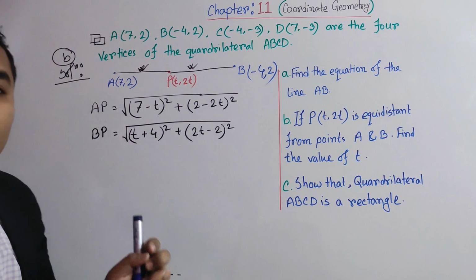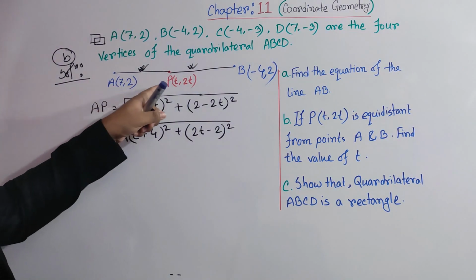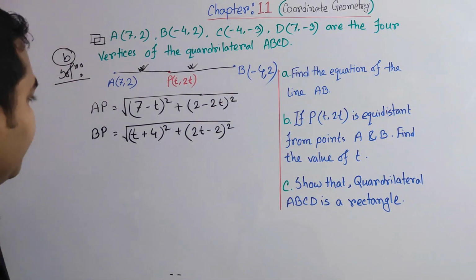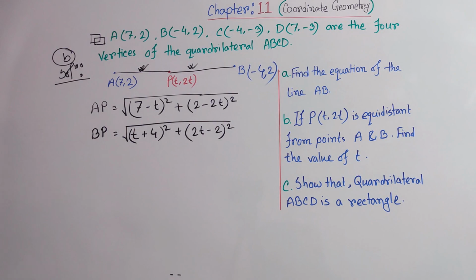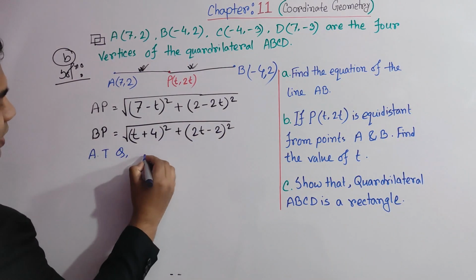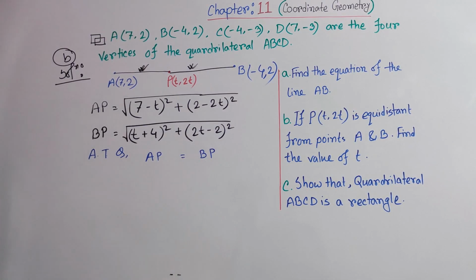And according to the question, what can we write? Dear students, according to the question we can write AP equals PB, since these two are equidistant, isn't it? So we can write, according to the question, AP is equal to BP.